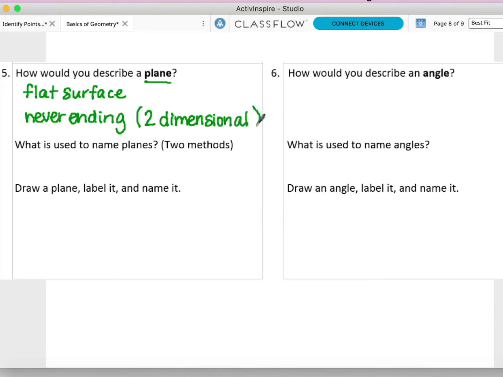Planes are always two-dimensional. And since we've used up capital and lowercase, we are going to use either a cursive or a bold or some sort of scripty capital letter to name a plane. Let's draw one.